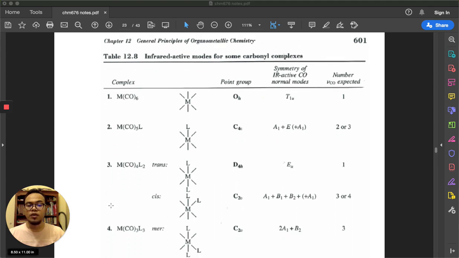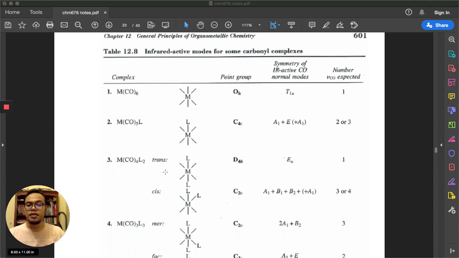And then moving on. Number 3 is, I would say, the most crucial part. You have to understand the structure of trans. You see trans here, these two on the opposite side, and cis says they are situated next to one another. So this is the structure of trans, and this is the structure of cis.